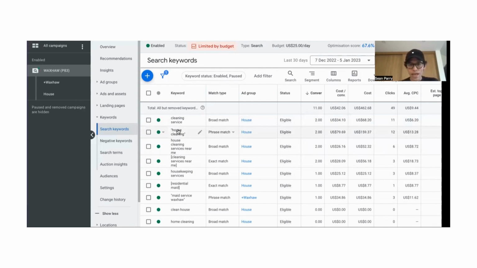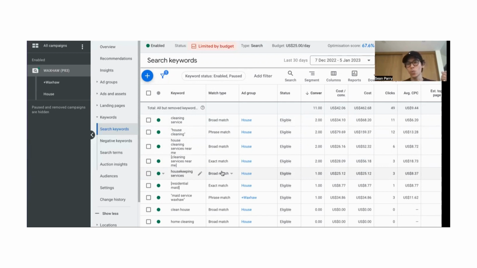Depending on where you're based in the country, obviously with the broader terms, there will be more volume of those broader terms. But generally what we find is the conversion rates are lower than the exact match. So the exact match, if you think of the lowest hanging fruit, the highest conversion rates, when we're running campaigns, we want to see, can we fill the daily ad budget just with the exact match keywords?